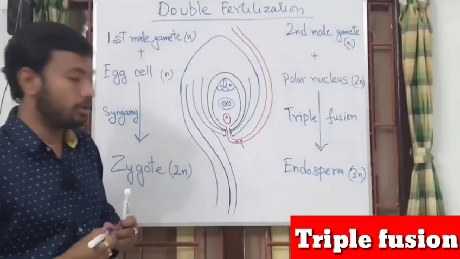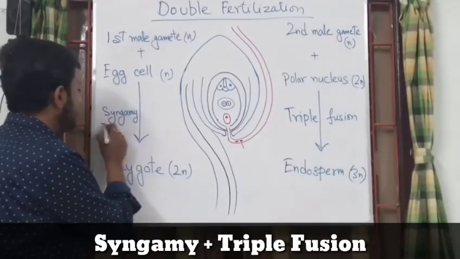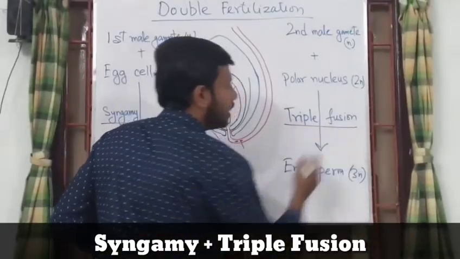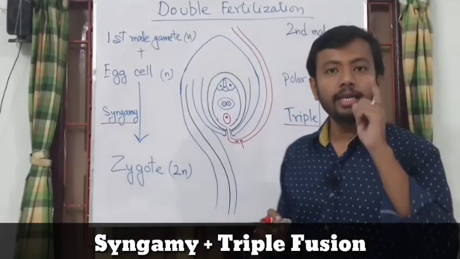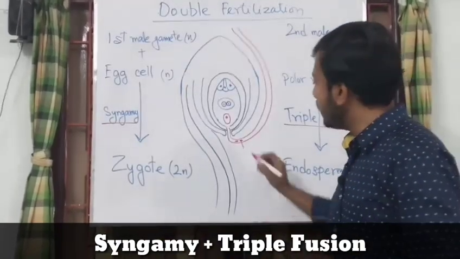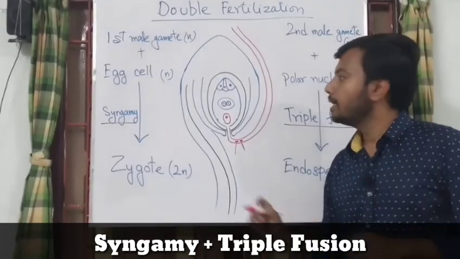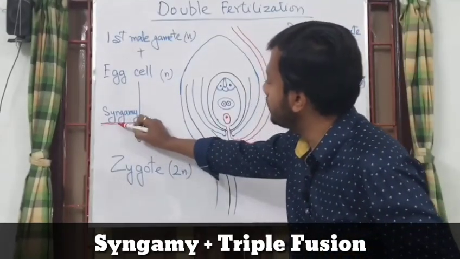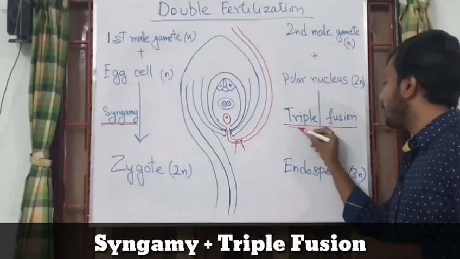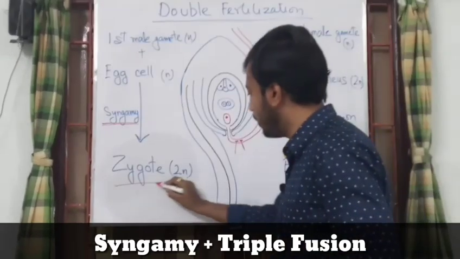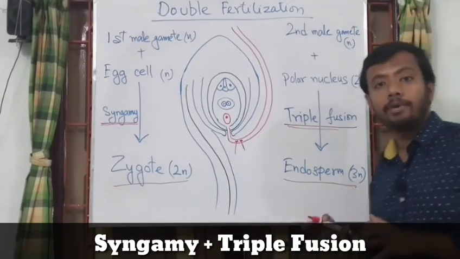So both these processes take place simultaneously. Syngamy and triple fusion take place simultaneously inside the embryo sac when a single pollen tube carrying two male gametes enters the embryo sac. As these two types of fertilization take place simultaneously, they form both the diploid zygote and the triploid endosperm at the same time.